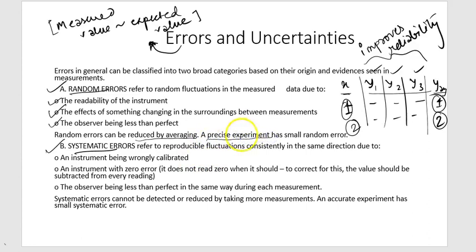A precise experiment implies that the values that you have are not very far apart. So say if I were to draw a graph, say these are the points, compared to say this graph.